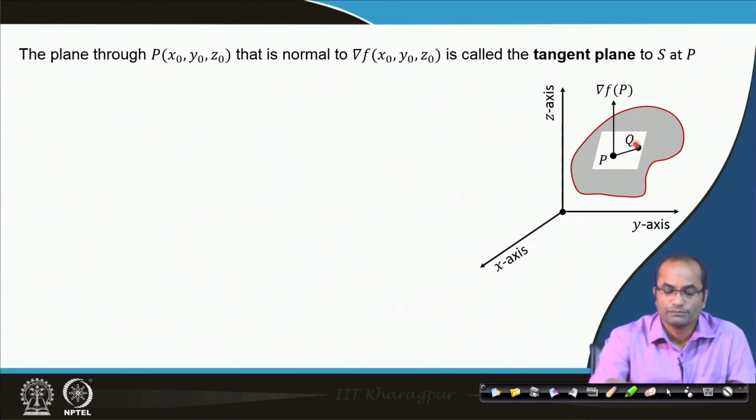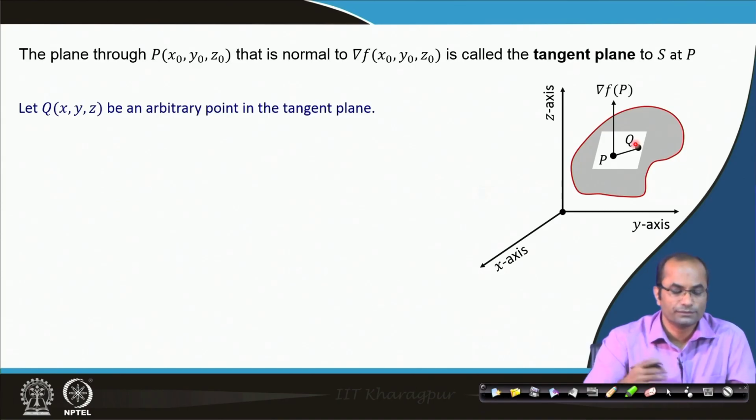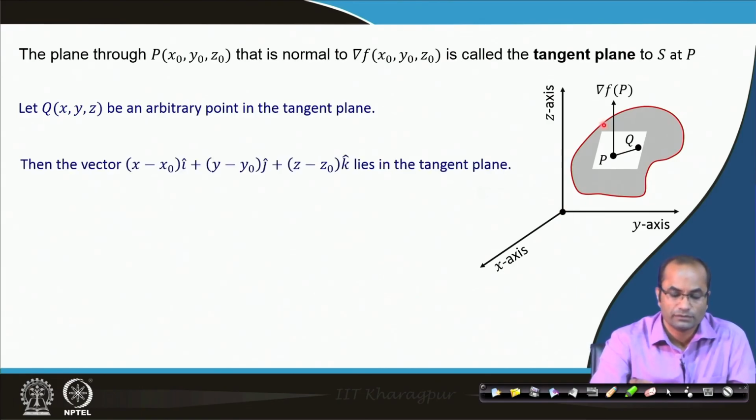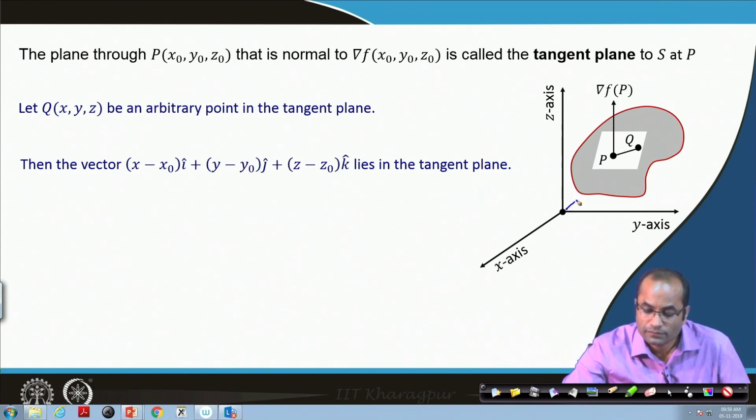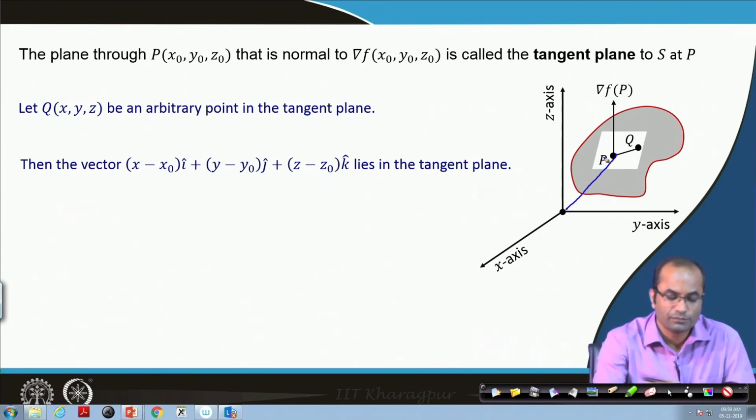So, consider a general point q on the tangent plane now, and suppose P has a position vector given by x 0, y 0 and z 0, and then we have taken a general point q there, which can be given by x, y, z.